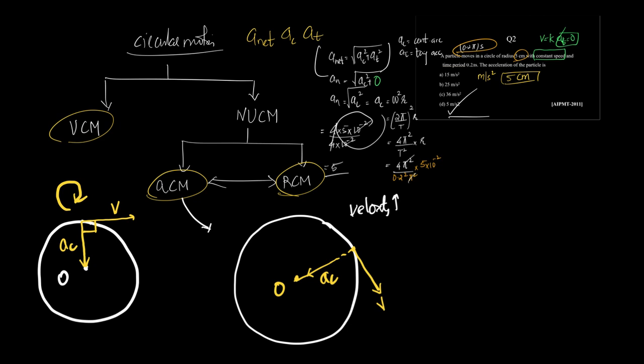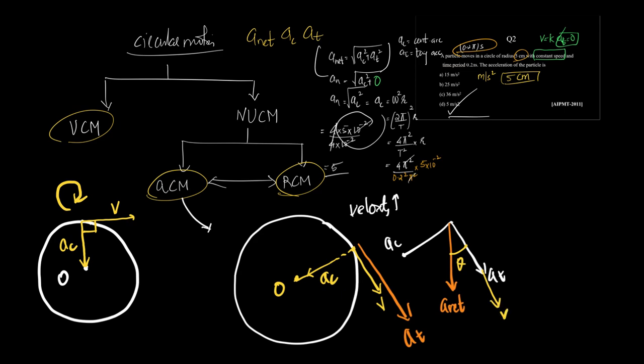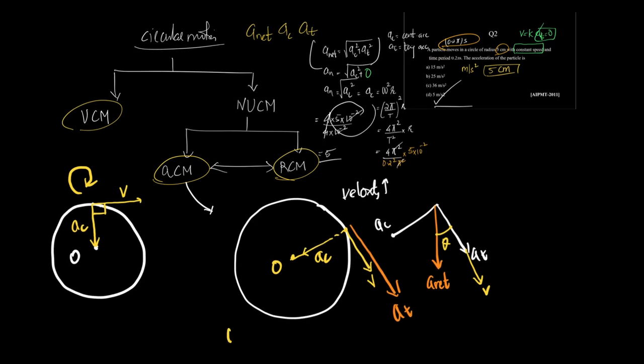And this also will represent the direction of tangential acceleration, which means we have AC, we got AT, and therefore this will represent a net, and a net will make an angle theta with the velocity vector. And what is the speciality of this theta? This theta algebraically is acute in nature, something which we will use again and again while solving problems, especially at the JEE mains level.